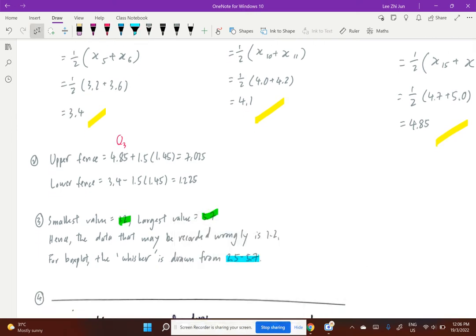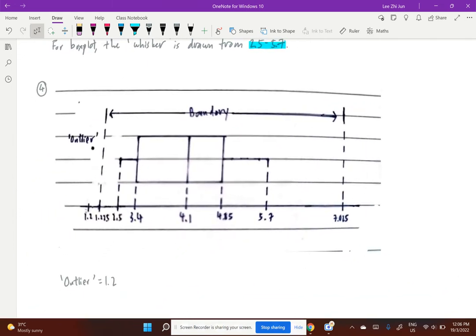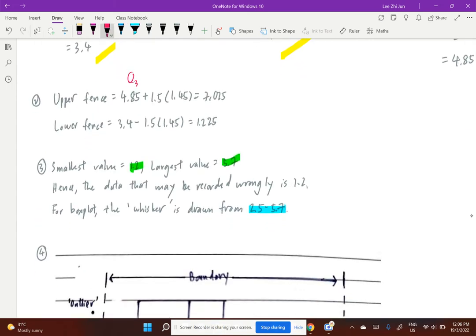So lastly, we plot it and define the outlier. Just now I said the outlier is 1.2. So here's the middle, 4.1. The median, Q2, Q1, Q3. This is the min value and the max value.